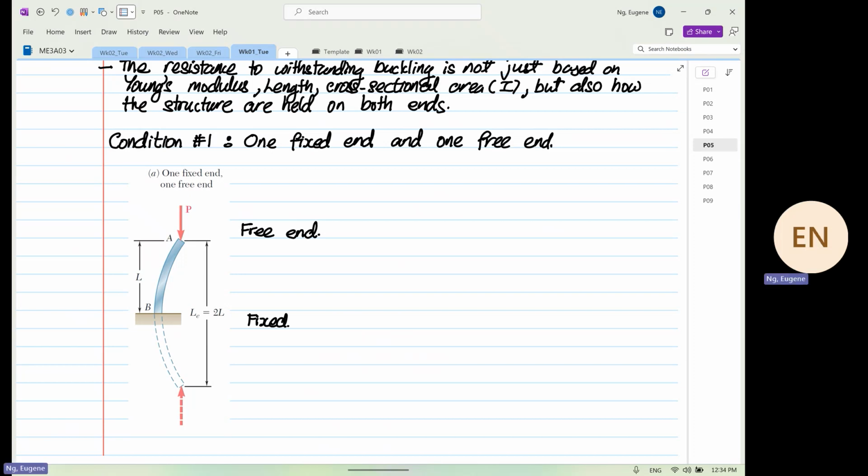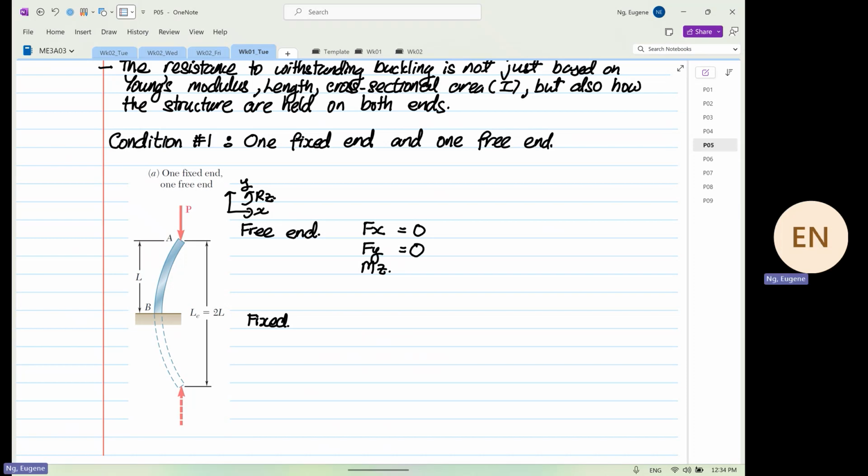For the free end, if we call this our translation, this is X, and this is Y, and this will be rotation about Z. The boundary condition for this case is, so we go about force in the X, force in the Y, and moment about Z. At the free end, the reaction force in the X direction is equal to 0.